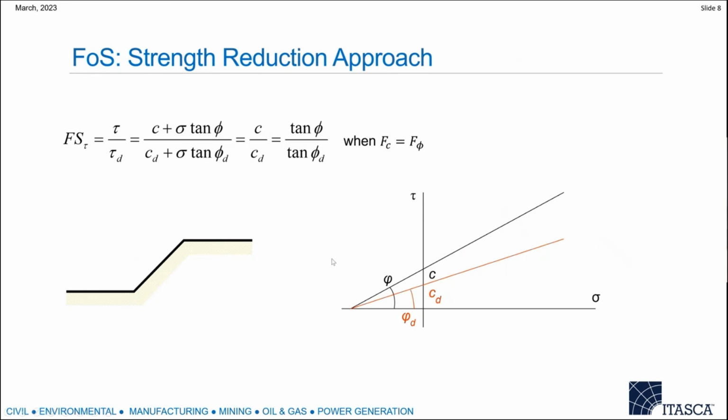This method reduces the cohesion and friction angle at the same time, and the ratio has this relation: C over reduced cohesion equals tangent of the friction angle over tangent of the reduced friction angle. So in this way, we assume that the factor of safety by reducing cohesion and by reducing friction angle is the same.